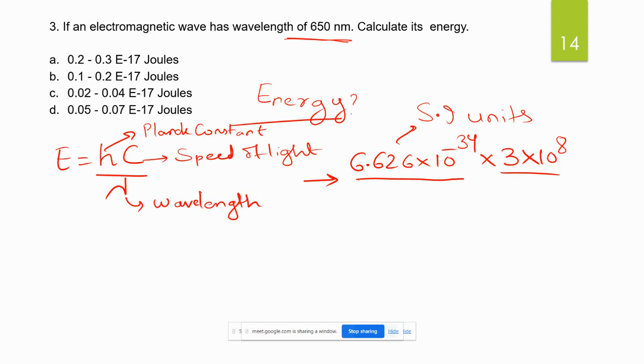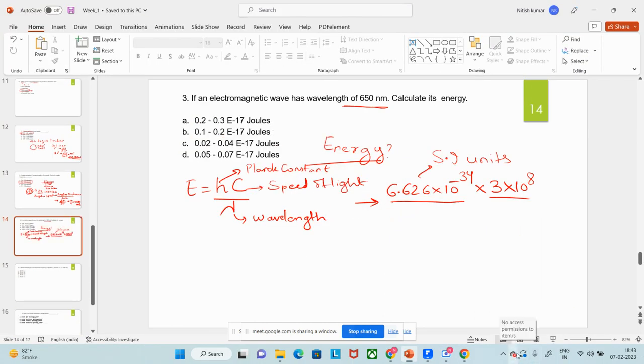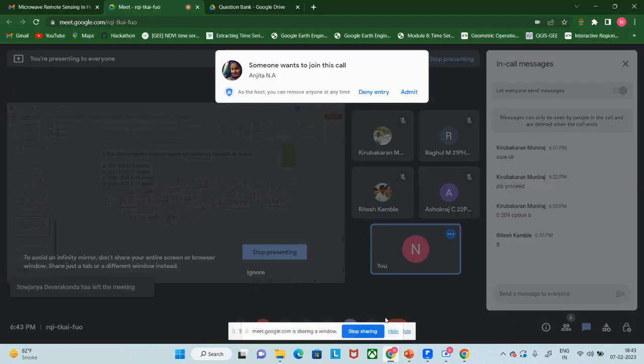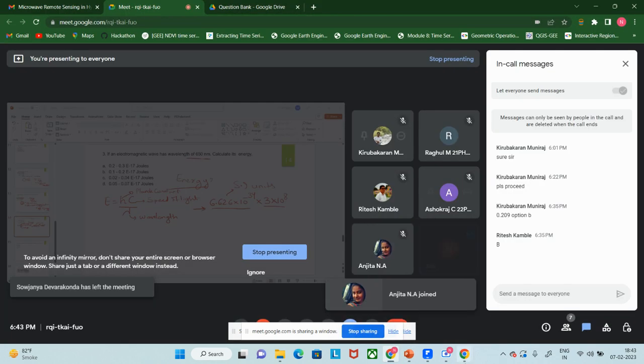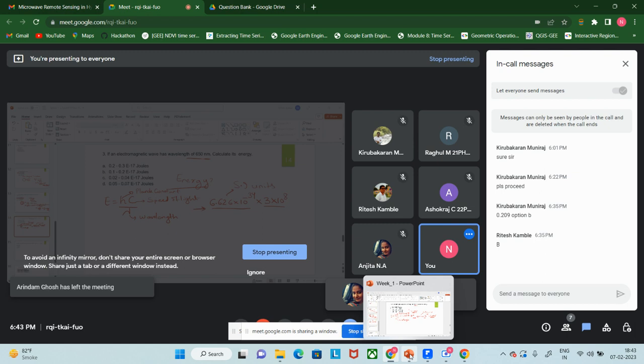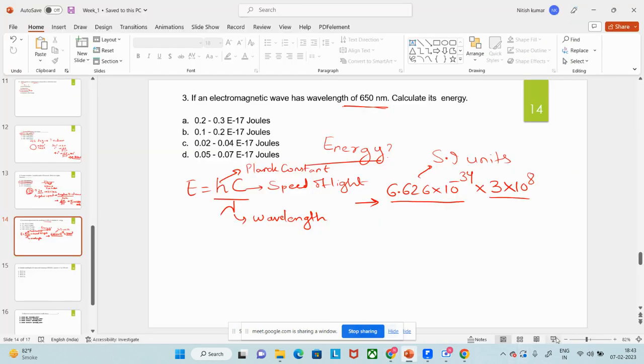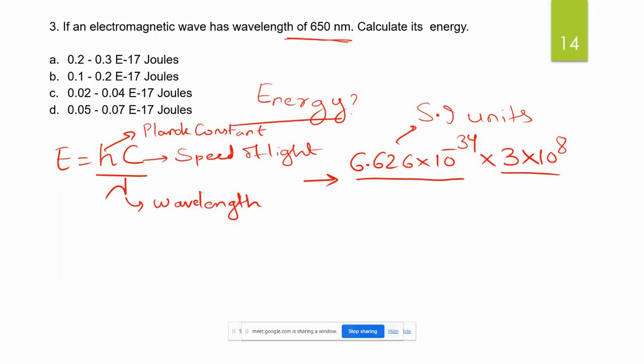So as we have taken this Planck's constant in SI unit and c is also in SI unit, so we have to take this wavelength in meter.